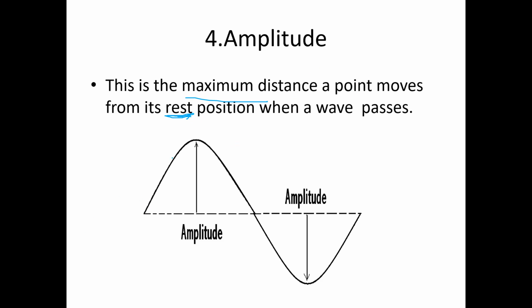If you look at this wave, this point is the rest point. So here is the starting point. The wave starts going up, going higher from this point. So the higher the maximum point, the maximum distance this wave can reach, we call it amplitude.